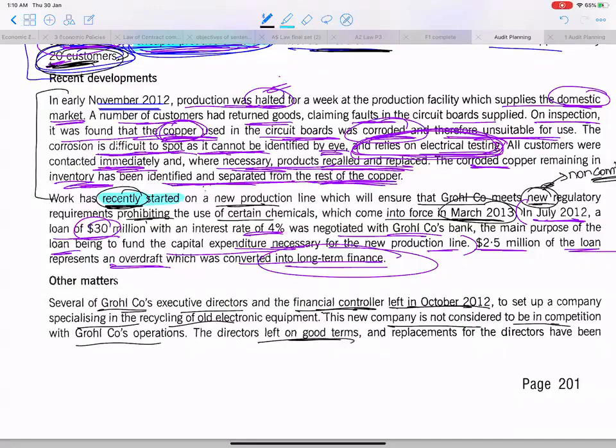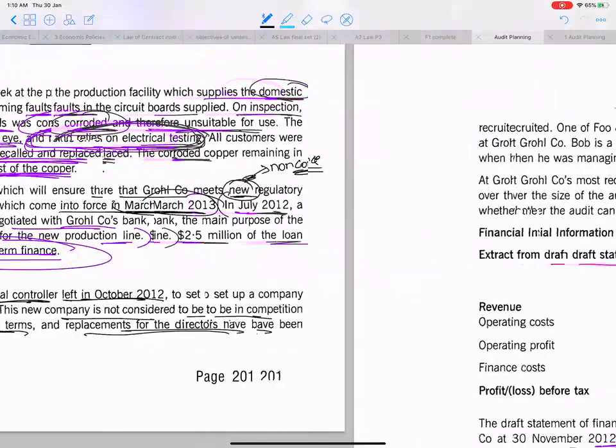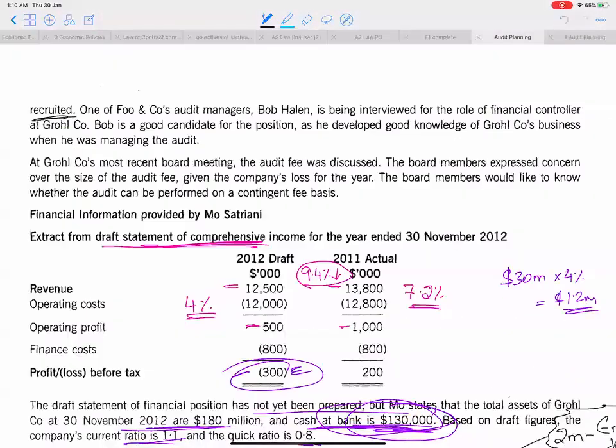The directors left on good terms and replacements for directors have been recruited. So now you can say that the risk is not too essential because the company has hired the replacement directors already.